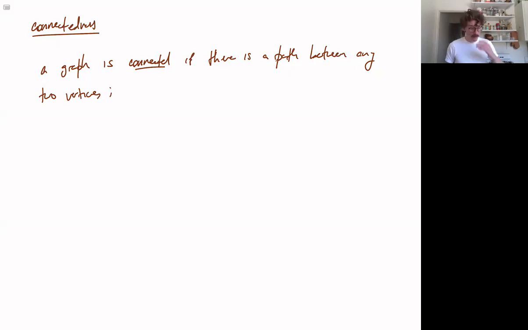And again, we're speaking about undirected graphs. We will come back to directed graphs in a bit. So it's connected if there's a path between any two vertices. It is disconnected otherwise.